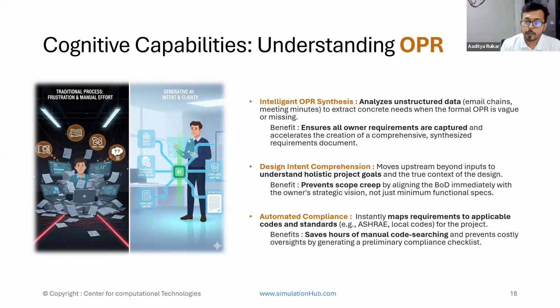Then it can automate compliance. It can map which code we should follow for each requirement: in which country or state the project is, what the climate zone is, which code needs to be followed, and what the owner is asking. That mapping it can do.